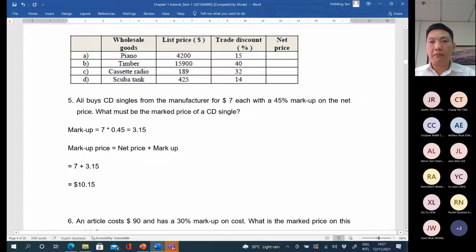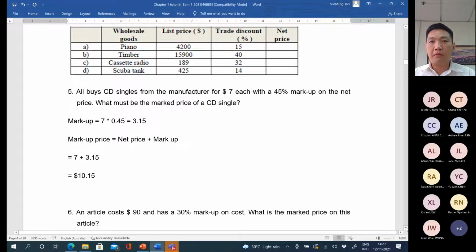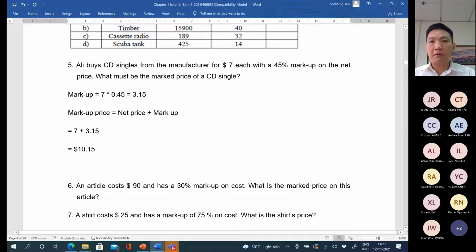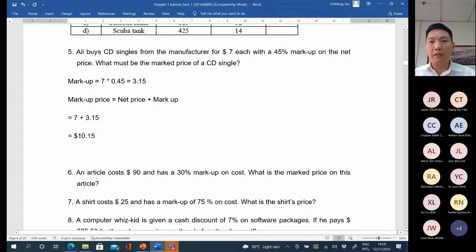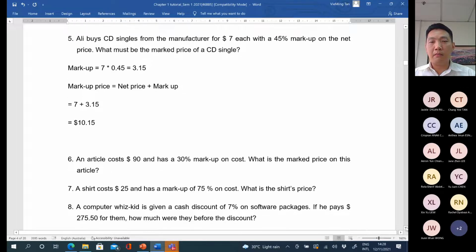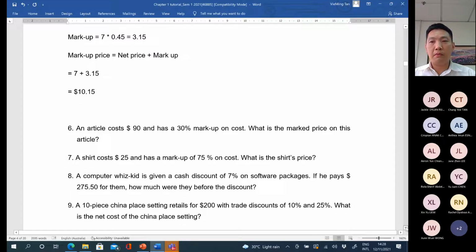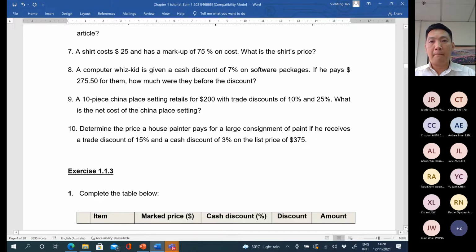Question 5. Okay, I do it slowly. Any question? You tell me. I'll stop. Exercise 5.12. No?